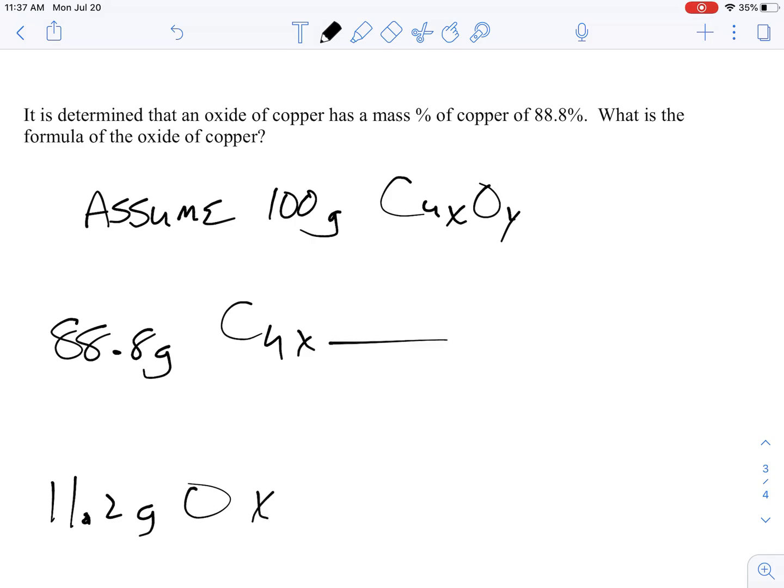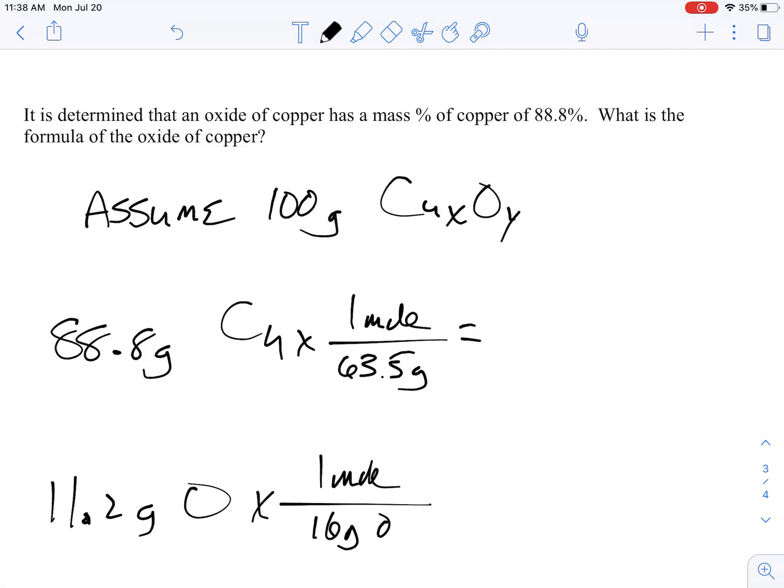You get out your periodic tables. Oxygen weighs 16 grams, and copper weighs 63.5 grams for a mole. So you end up with 1.4 moles of copper and 0.7 moles of oxygen.